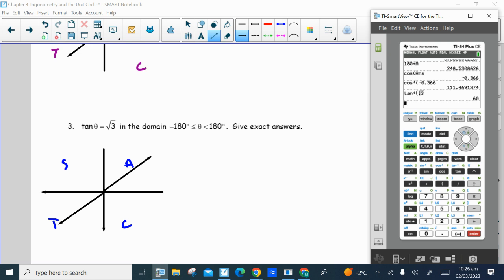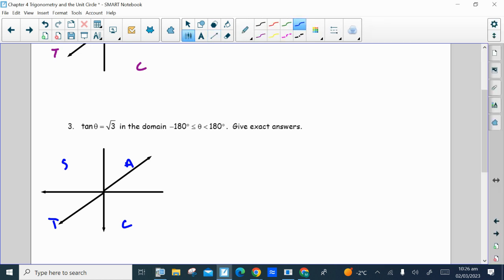And you might remember at 60 degrees, where the coordinates are 1/2 comma root 3 over 2, when we did sine divided by cos, or y divided by x, we actually got root 3. But again, in this case, our answers need to be in degrees, so there's your reference angle, always the angle between the terminal arm and the x-axis.